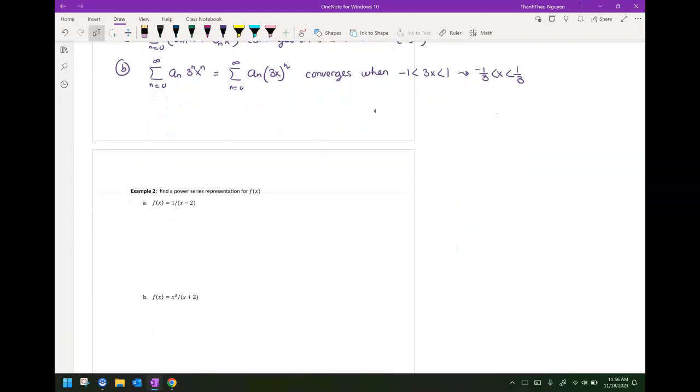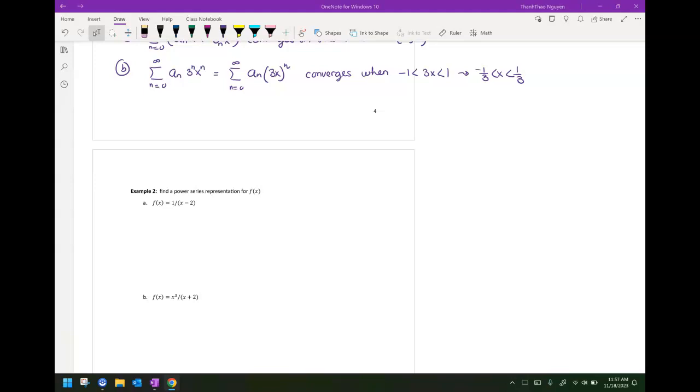We will use the sum and difference of two series to find the power series representation for f of x. We kind of did it in the last section, right? Where we rewrite this into a different series. Now, let's try this again.